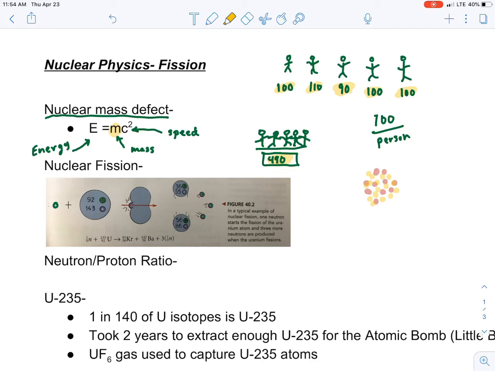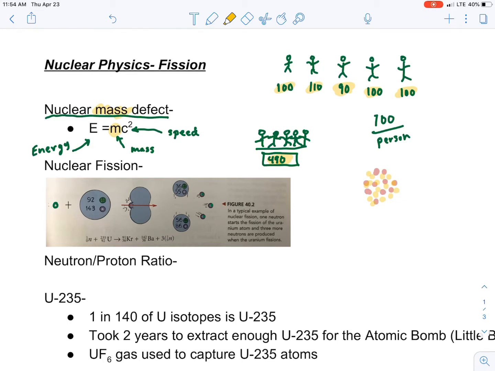And what that is called is the nuclear mass defect. The nuclear mass doesn't add up to exactly what it's supposed to be. When the neutrons and protons are together, somehow when they join together, they lose mass. And that loss of mass, that mass times the speed of light squared, is what's going to produce the energy of these nuclear reactors.